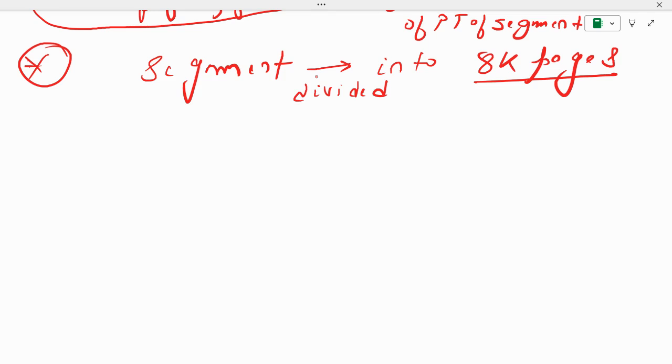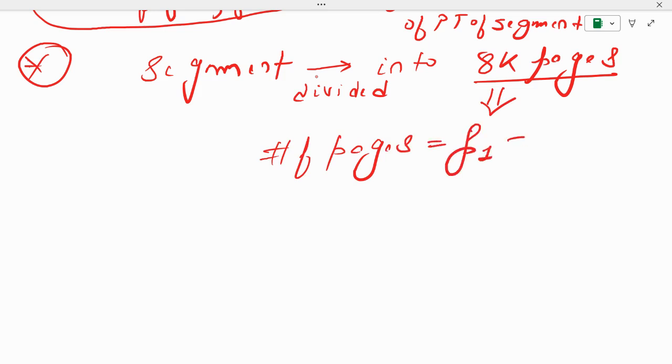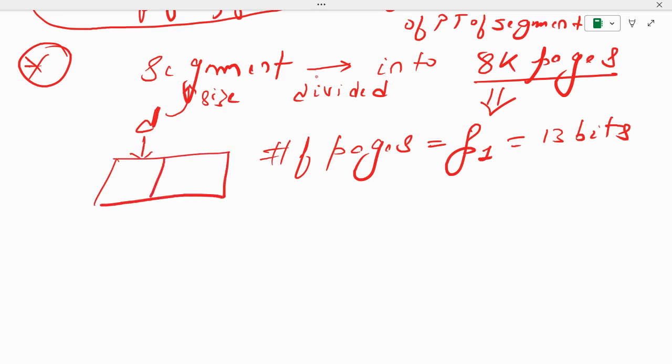When we are introducing the paging, the number of pages P1 equals 13 bits, right? If D is the segment size, this segment has been divided into equal size pages with P1, and each page size is D1. So 13 bits are allocated to P1. This you need to clarify.